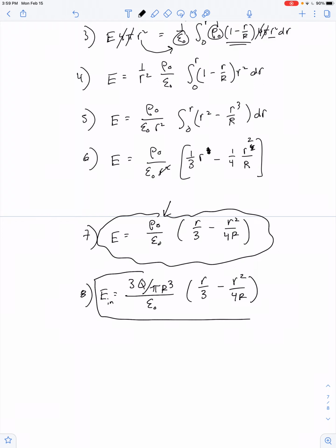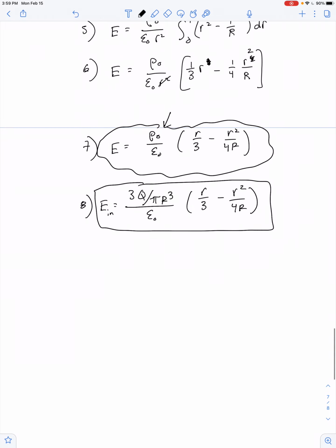I don't know if that expression is any better, but at least it's all in terms of the given quantities. Oh, I guess we have a complex fraction here. My goodness.